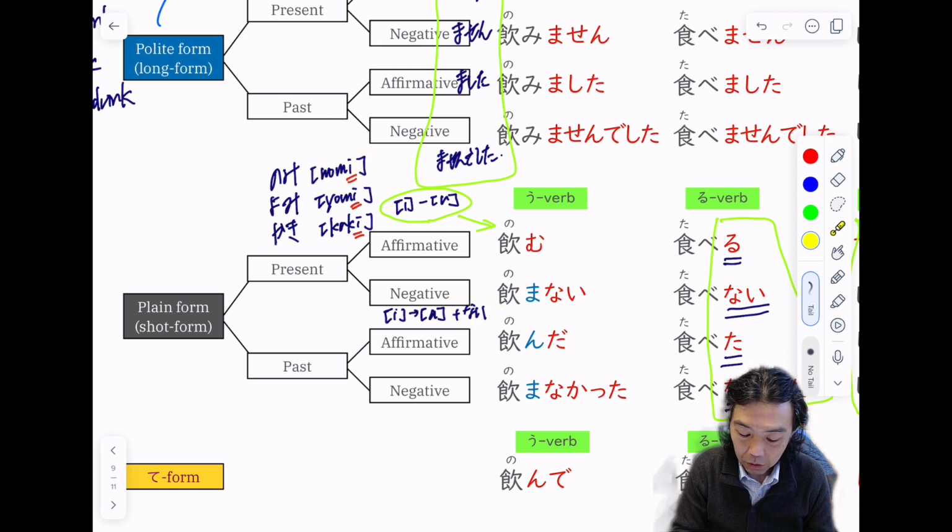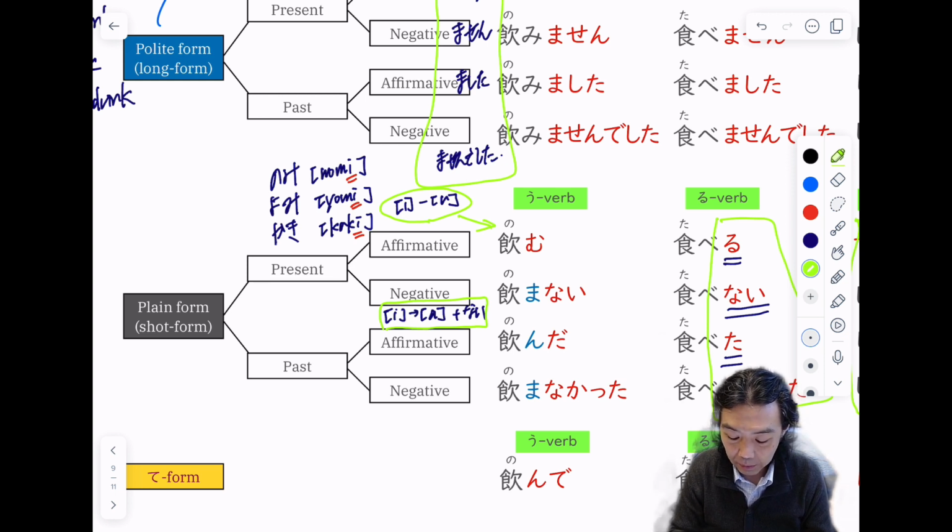Okay. Yomimasu becomes yomanai. Kakimasu is kakanai. Okay. So in a way, it's very similar to affirmative, but now you're changing the sound to A sound instead of U sound. Okay.